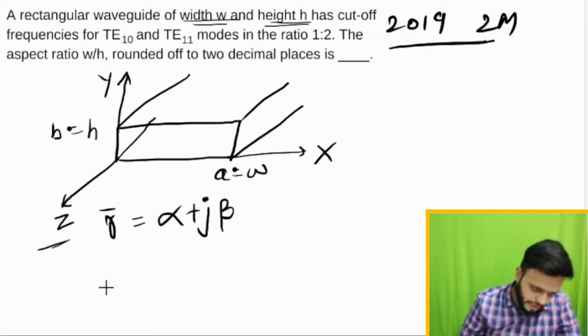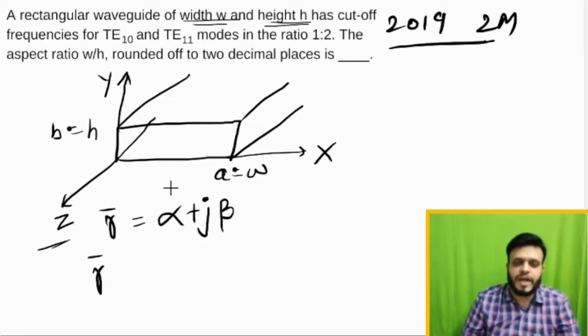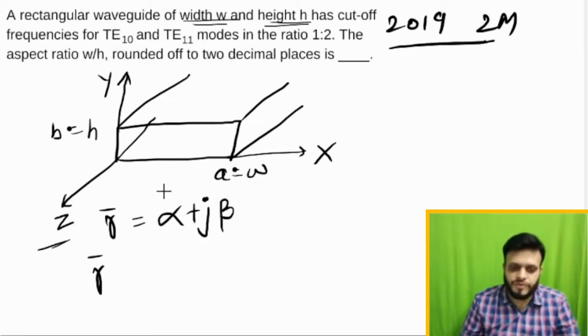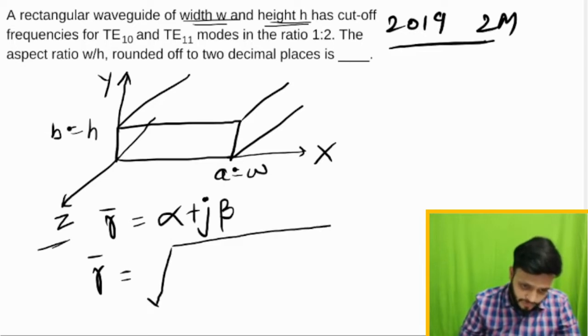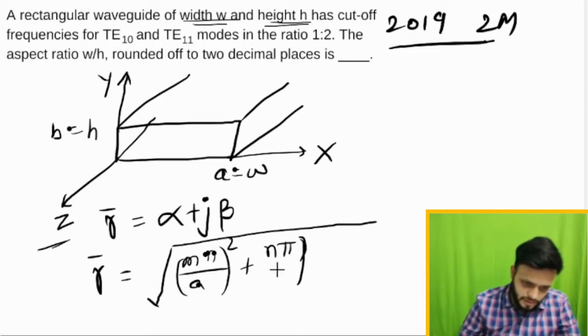One more formula you have for your propagation constant, related to the dimensions and the frequency of operation of your waveguide, is given by the square root of (m pi over a) whole squared plus (n pi over b) whole squared minus omega squared mu epsilon.